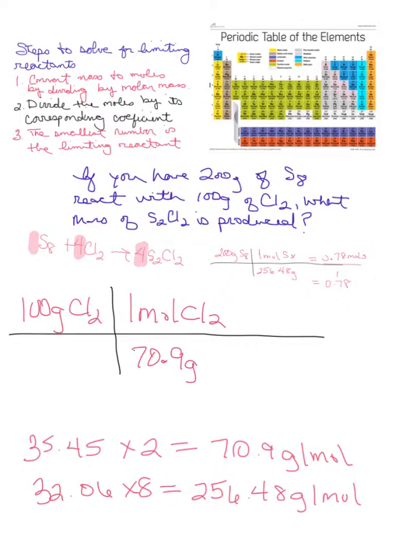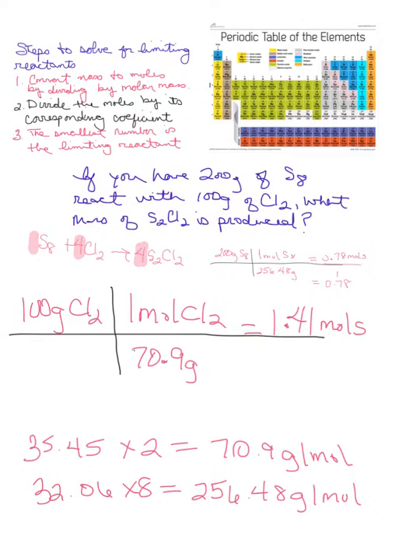So I'm going to multiply my top, divide by my bottom. I'm going to put in my calculator 100 divided by 70.9, and that total I get is 1.41 moles. That's how many moles of chlorine I have in 100 grams of chlorine.